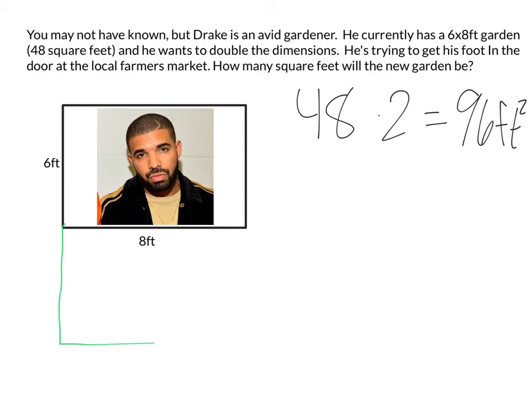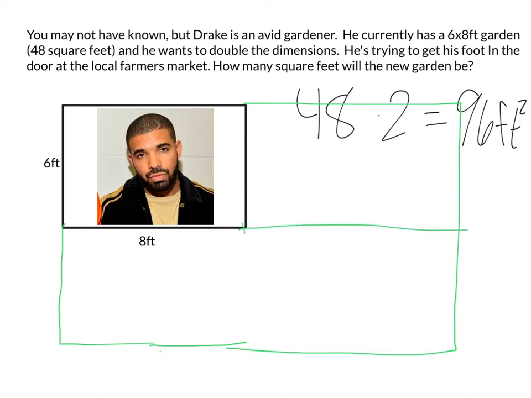This is 8 feet. So I extended that. Now, this guy's going to get extended out 8 feet. Oh my goodness. If I really connect this all, holy cow, I'm actually getting to be 4 times larger.